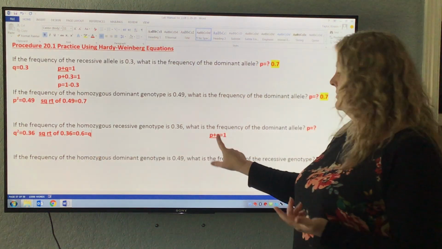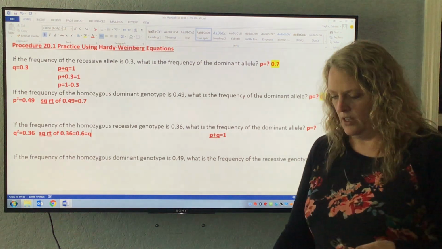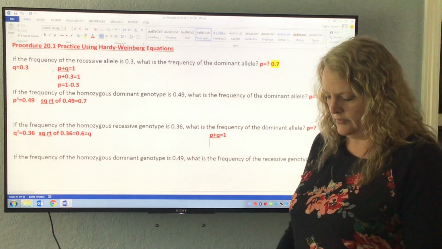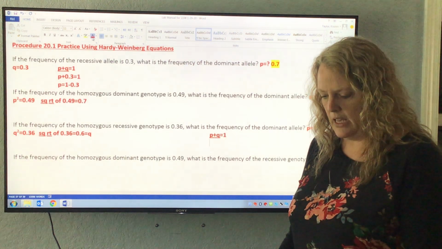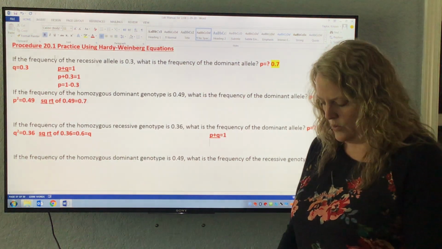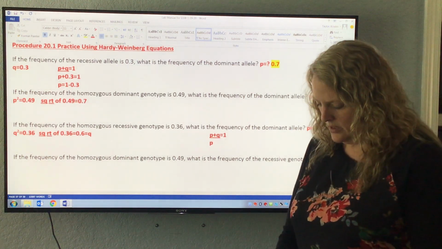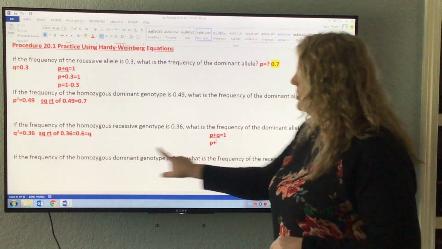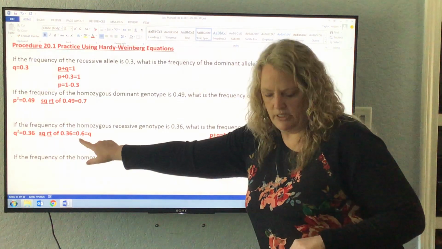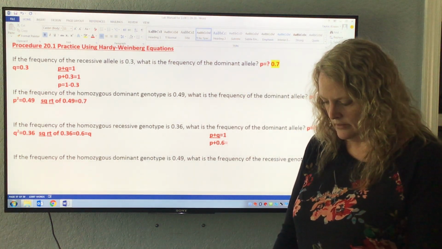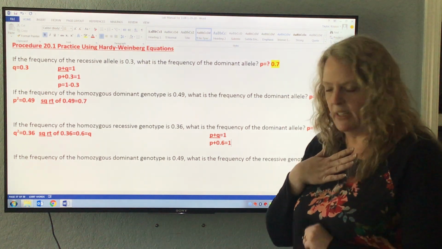Now we're ready to use this equation. I'm solving for P, and P plus Q, where Q is 0.6, has to add up to 1.